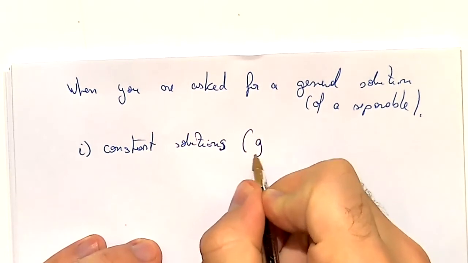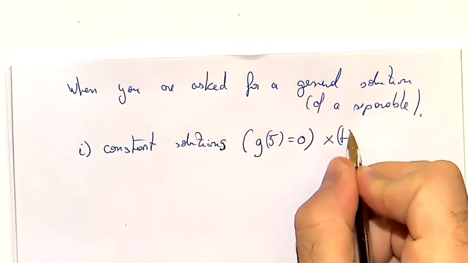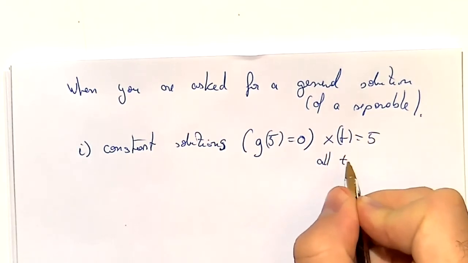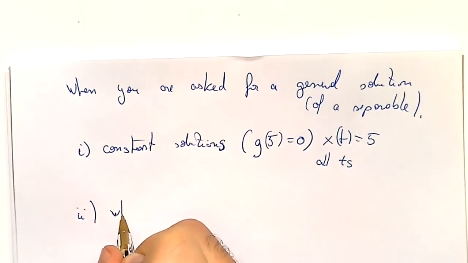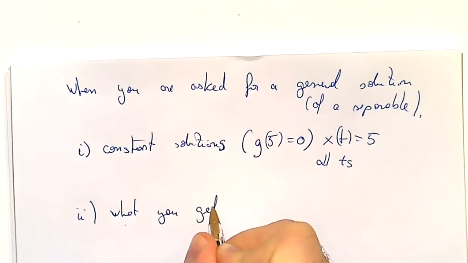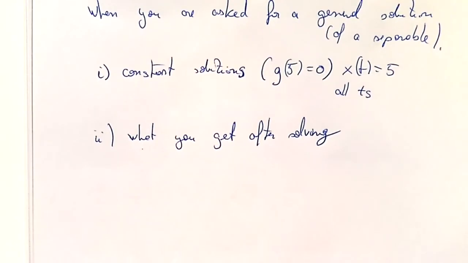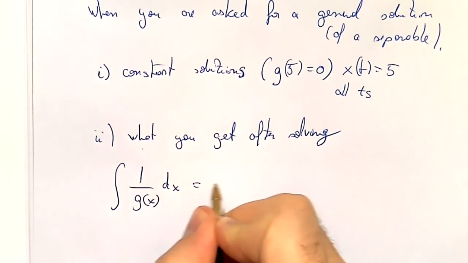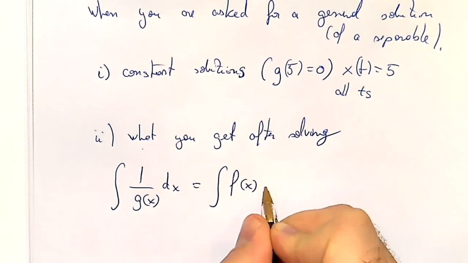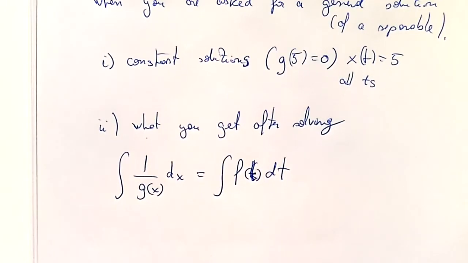So in the previous page, g(5) is equal to 0 is asking you for x(t) equals 5 for all t's. And then in the second part, he's asking you for what you get after solving that formula: the integral of 1 over g(x) dx is equal to the integral of f(t) dt. So that's what he's asking for.